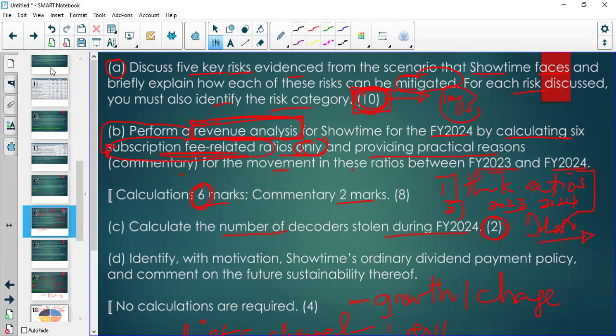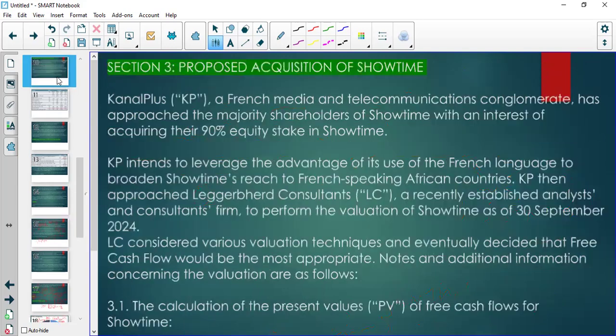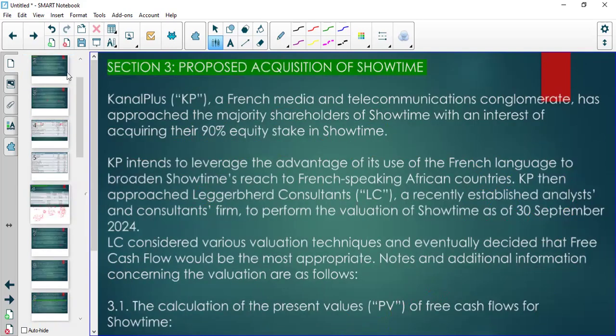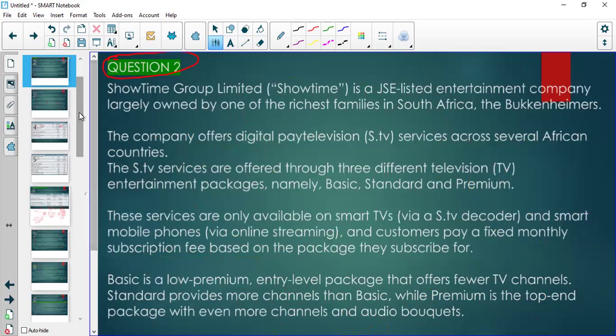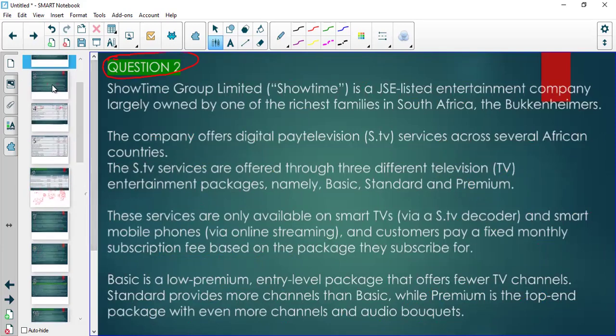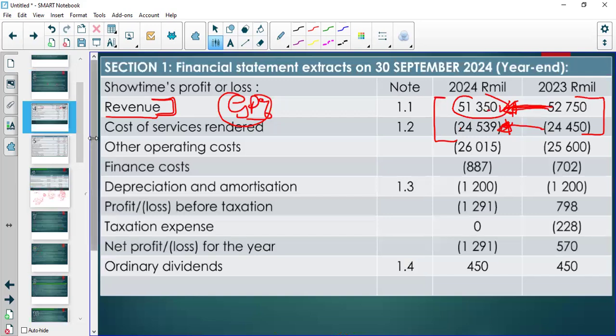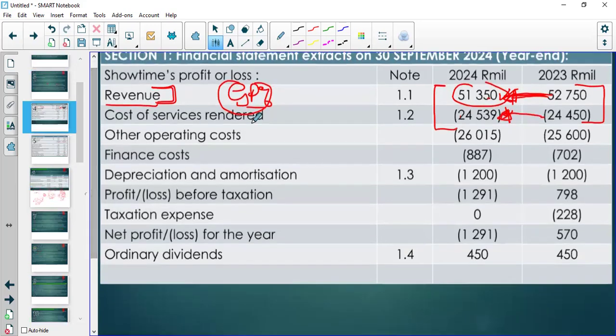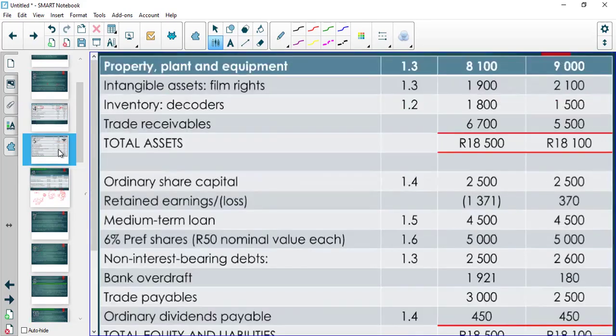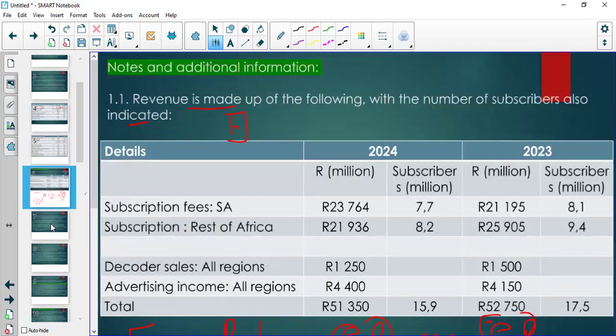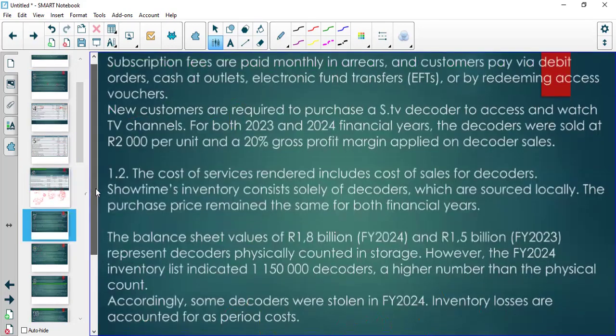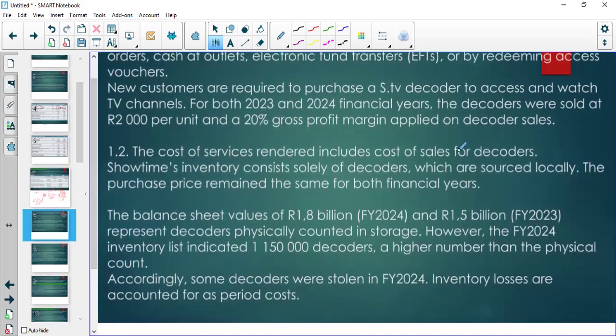So how do we determine that? What was stolen here? I just want us to go through that again. How much was stolen? Well, it must be here in the information. So the cost of services rendered, let's go to 1.2. So the cost of services rendered includes the sale of decoders.